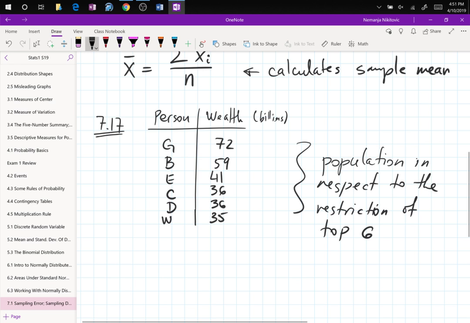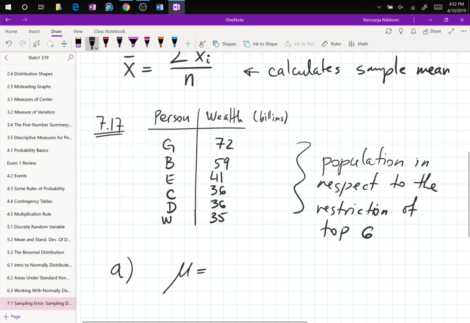Clearly, these are not the only 6 individuals alive on the planet. These are not 6 individuals that live in the United States, right? Only 6 individuals, right? There's everyone else, right? 350 million. So why are these labeled as population? Just because they populate the top 6, and there is no one else that fits the top 6 list other than these names. So now, since it's a population, for part A, we get to find the mean. Clearly, we have to look for mu, right?